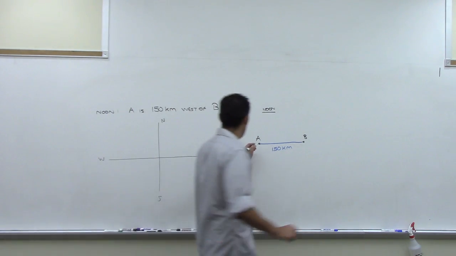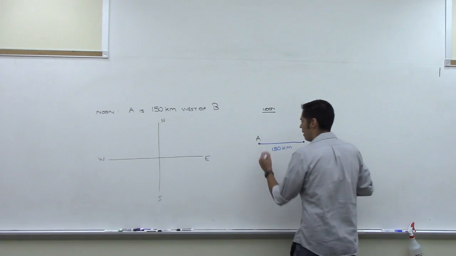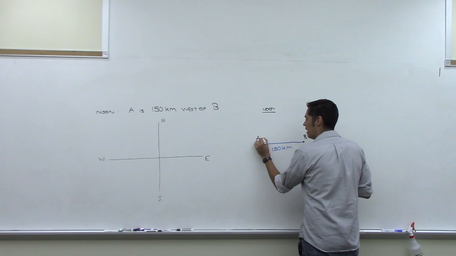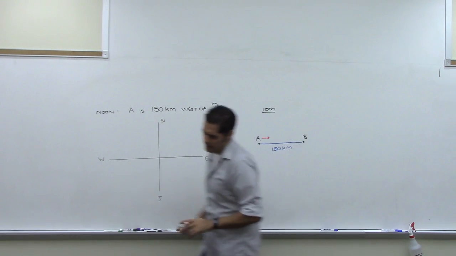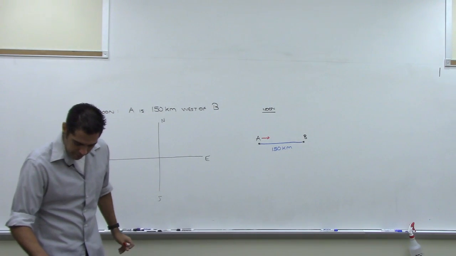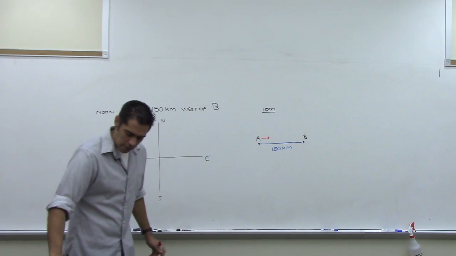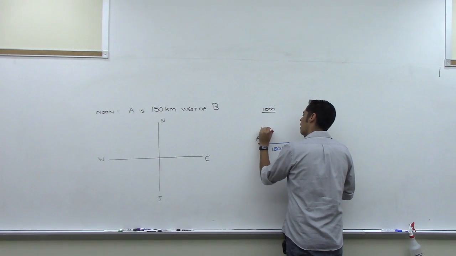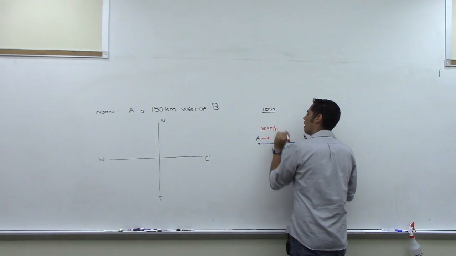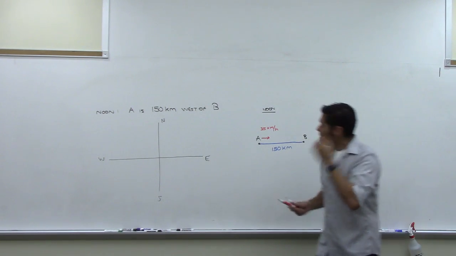So this ship right here, A, is sailing east. It's going in that direction at a rate, so that's a derivative, at a rate of 35 kilometers per hour. So I'm just going to put that above here. 35 kilometers per hour. I hope that comes out on camera.